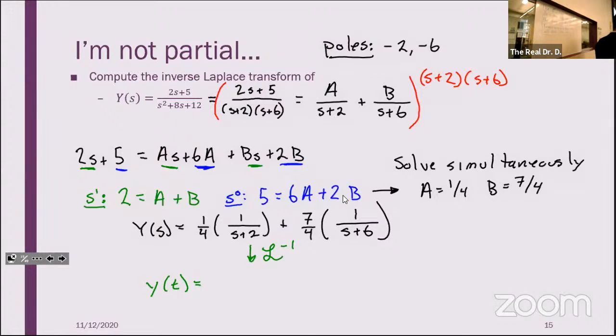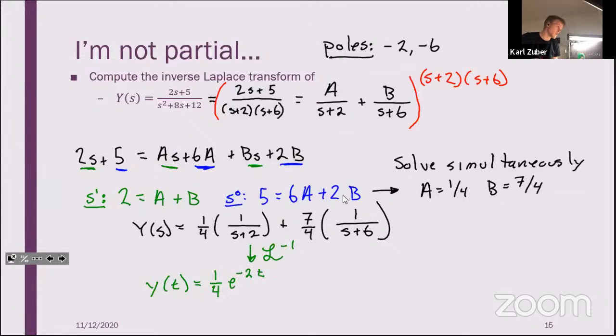Using the Laplace transform table, what should I be pulling out? It should be 1/4 times e to the negative 2t plus 7/4 times e to the negative 6t. Nice, Carl. Thank you. Good stuff.